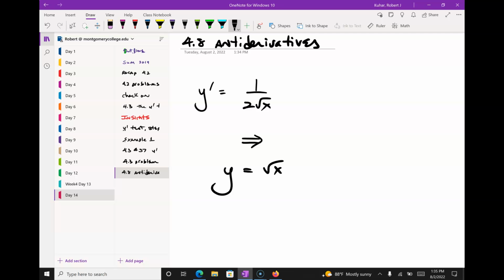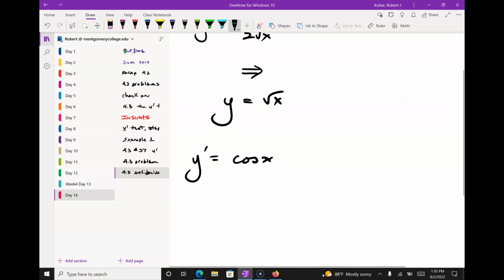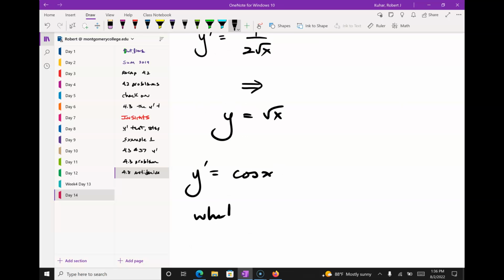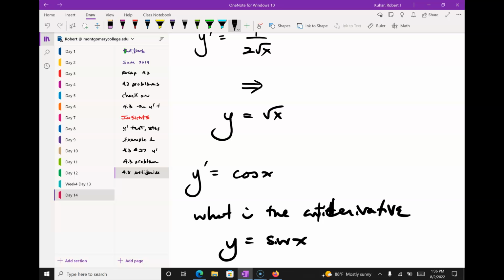If I said to you that y prime is cos of x, what is the antiderivative? Yeah, sine. So y equals sine of x. So the very first thing you're looking for is, do I recognize it? That's simple.